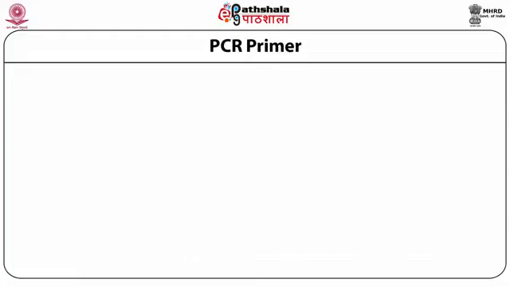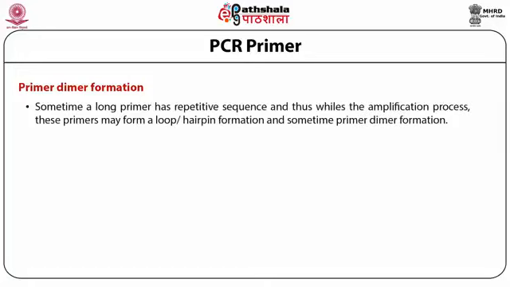Now come to the second point, primer dimer formation. Sometimes a long primer has repetitive sequences, and therefore during the amplification process, these primers may form a loop or hairpin, and sometimes a primer dimer forms. So we should avoid primer dimer formation.